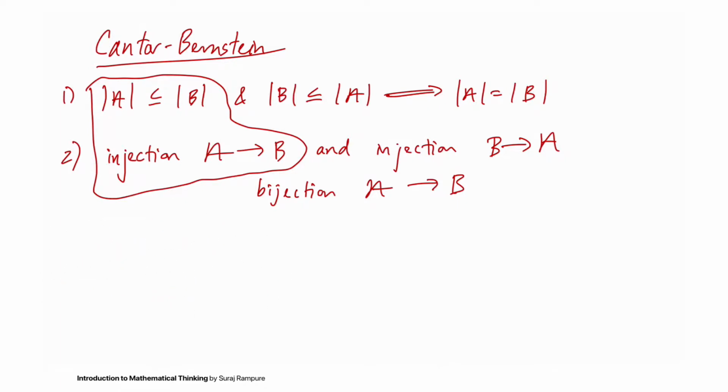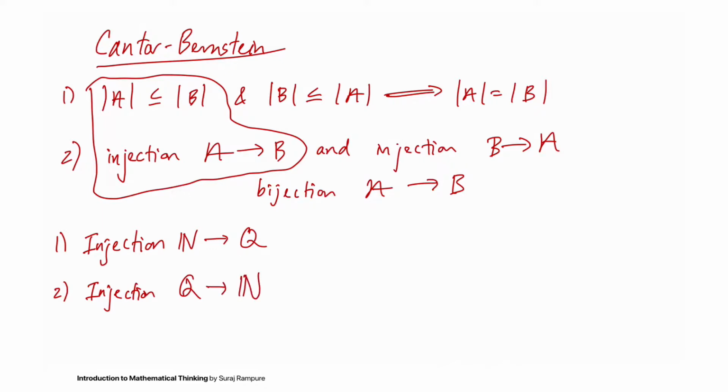So now our job is to do 2 things. We need to find an injection from the natural numbers to the rationals, and an injection from the rationals to the naturals. Okay? And one, I guess, question is, why are we doing all of this as opposed to just trying to find a bijection directly?